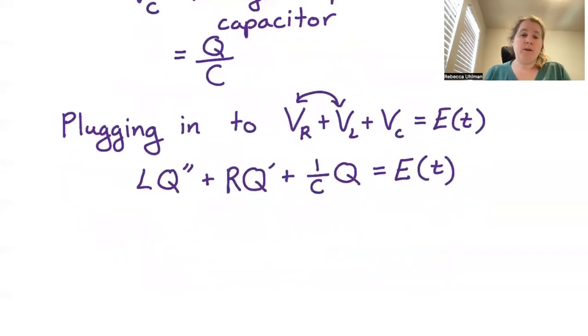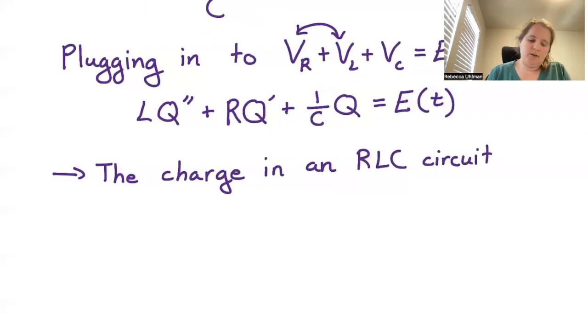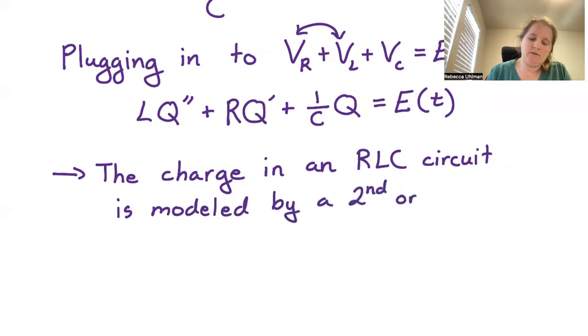But from here, we do have a second order linear differential equation with constant coefficients. So this means that the charge in an RLC circuit is modeled by a second order linear ODE with constant coefficients.